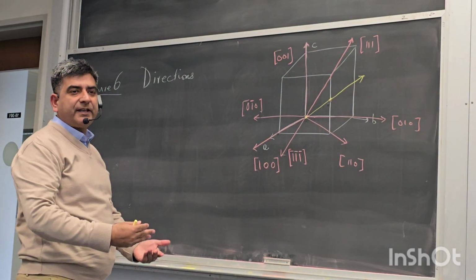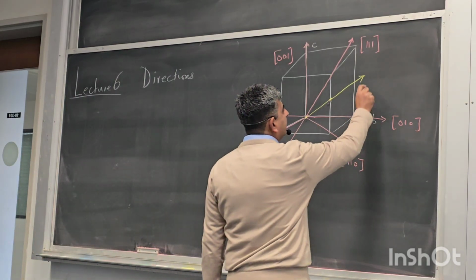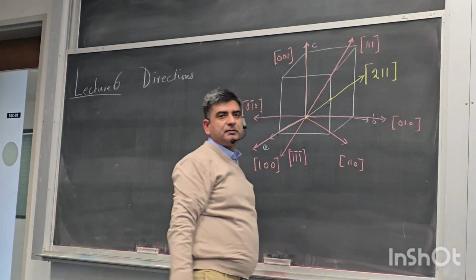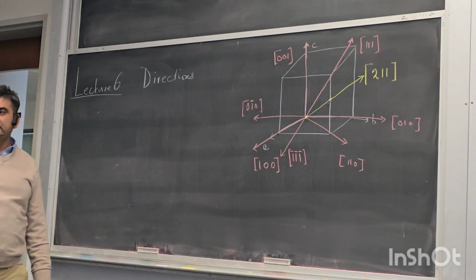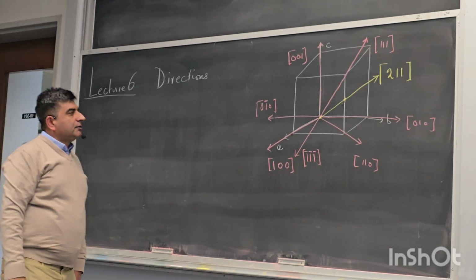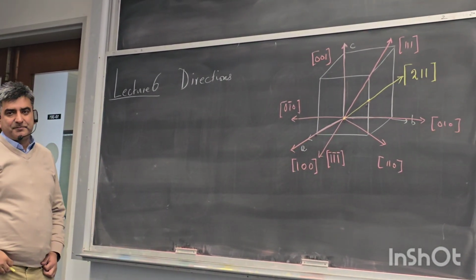So then you rationalize these indices and you write [2, 1, 1] as this particular direction. So all the indices are rationalized. This is how directions are specified inside any crystal system.